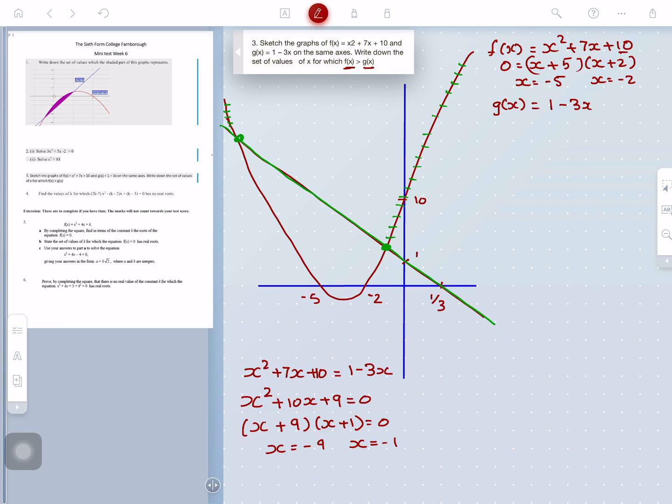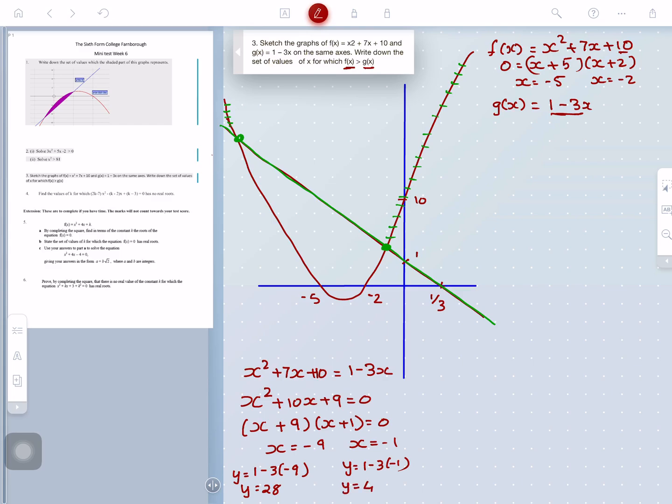At this point, if you want to work out the y, it's not necessary, but if you want to, you can work out the y coordinates of the points of intersection. It's 1 minus 3x, so y is 1 minus 3 times minus 9, which is 28, and y equals 1 minus 3 times minus 1, so y equals 4.